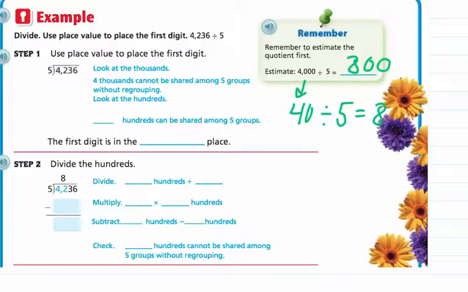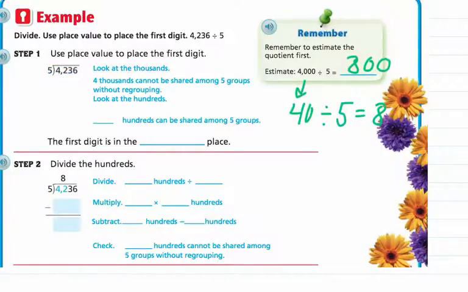So it says divide. Use place value to place the first digit of 4,236 divided by 5. Step 1, use place value to place the first digit. Look at the thousands. So let's look at 4. Can you share 4 thousands among 5 groups without regrouping? No, you can't. There's not enough. So now we're going to look at the hundreds.